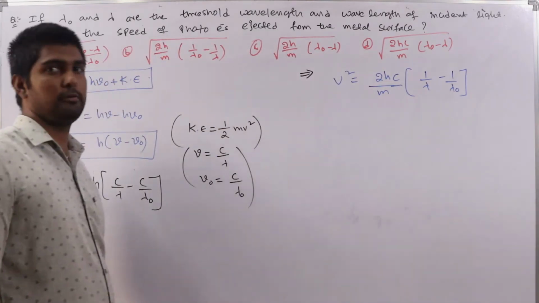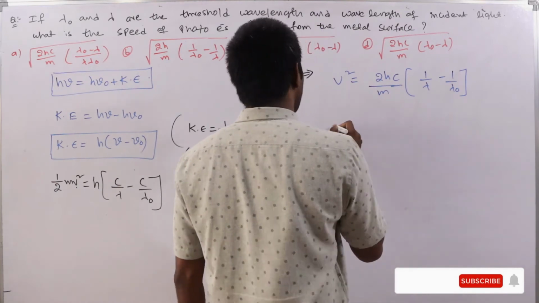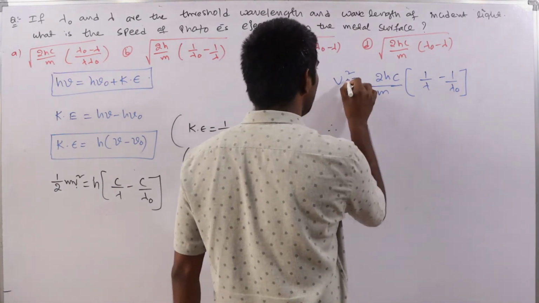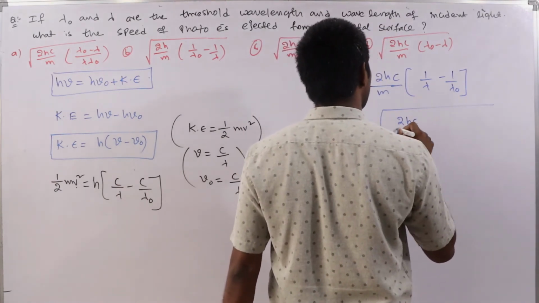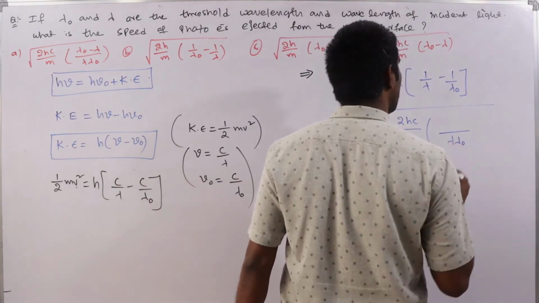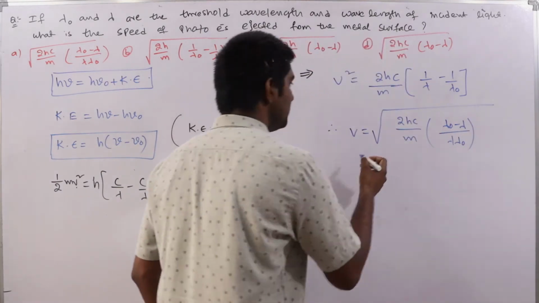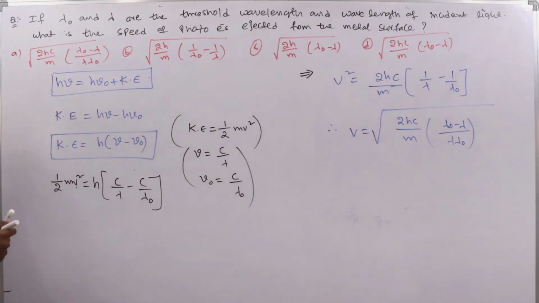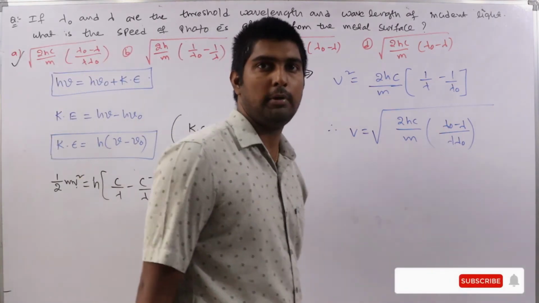Therefore v equals the square root of 2hc by m into, here lambda into lambda naught is the LCM, so we get lambda naught minus lambda. So this is the expression for the velocity, so that is given by the first option: 2hc by m into lambda naught minus lambda by lambda into lambda naught.